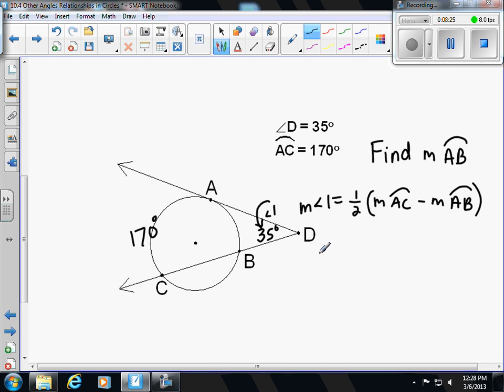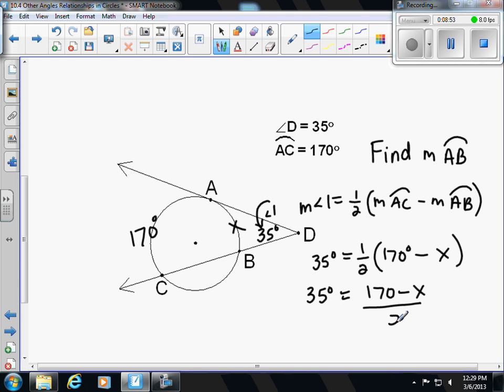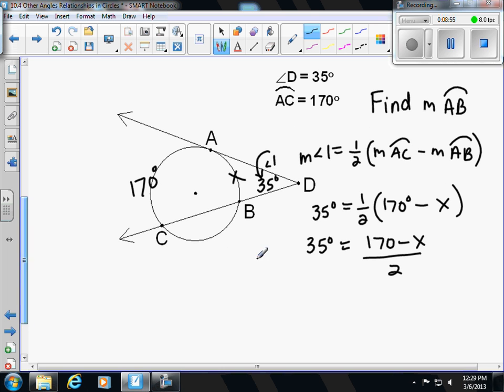So let's go ahead and plug in any numbers that we might know. So we've got 35 degrees equals 1/2 times 170 degrees minus the measure of arc AB, and we don't know what that is, so let's call it X. Now this is the same thing, by the way, as having this equation, 170 minus X divided by 2. Dividing by 2 is the same as multiplying by 1/2.